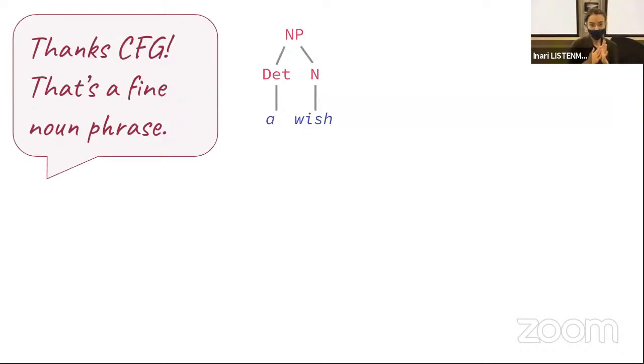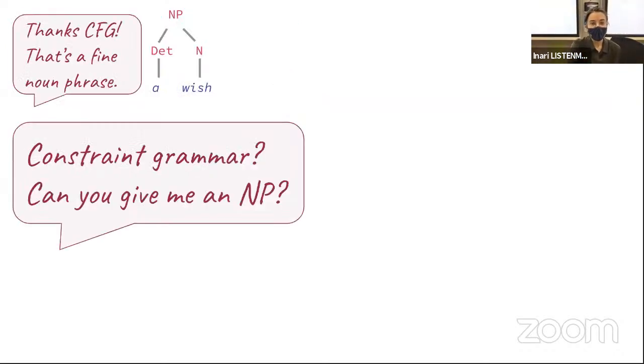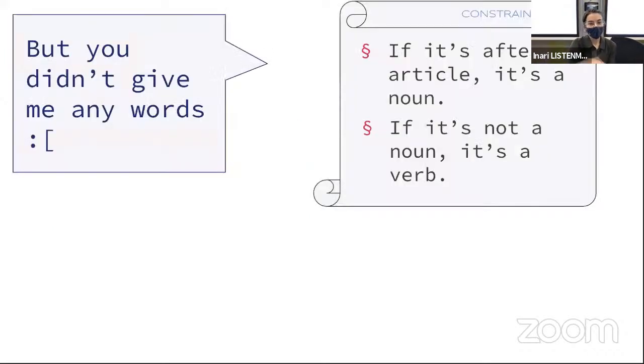So I'm happy. And now if I ask constraint grammar to give me a noun phrase, it will not give me that if I didn't give it any words to analyze. Well, technically, of course, you could write such a program to do it, but that's not really how the grammar is constructed.